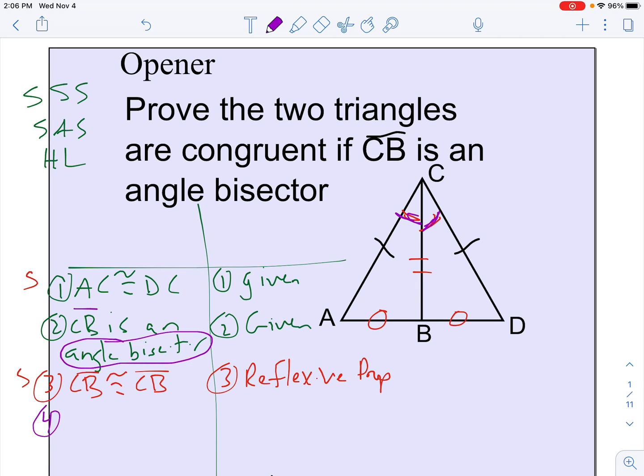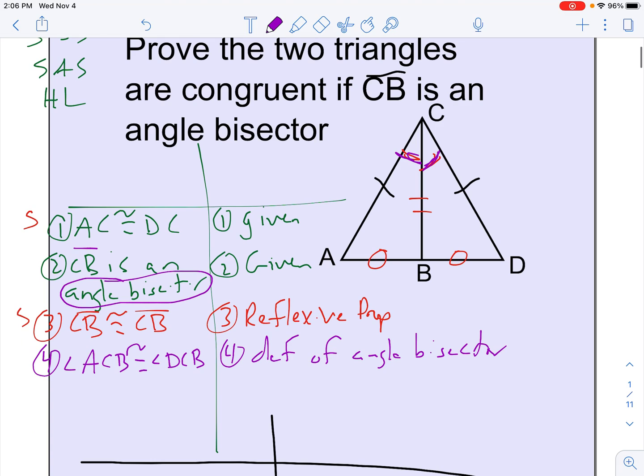So that does give me that angle ACB is congruent to angle DCB. As for our reason, that is our definition of an angle bisector. Now we do have our two triangles congruent. Triangle ACB is congruent to triangle DCB. As for our reason, we just showed SAS.